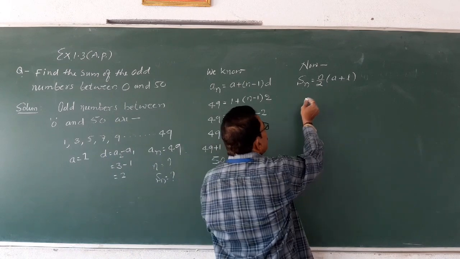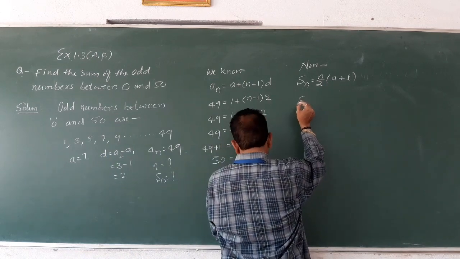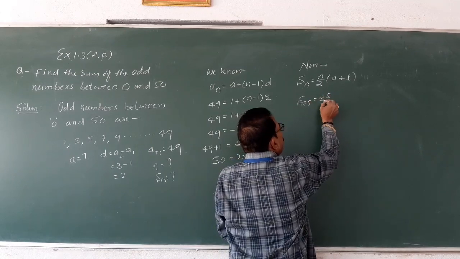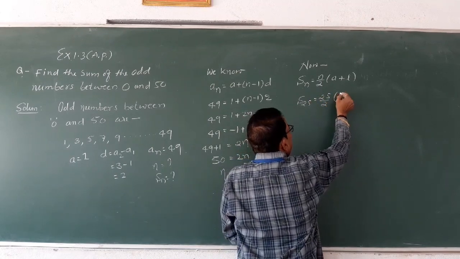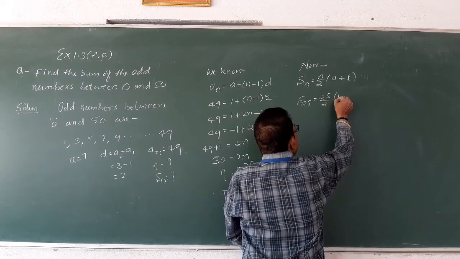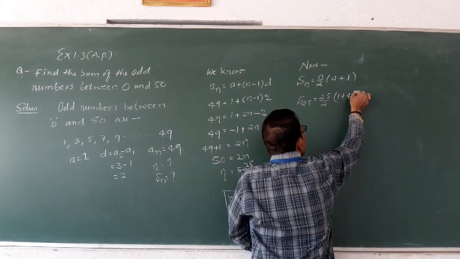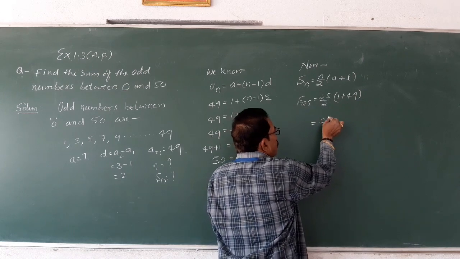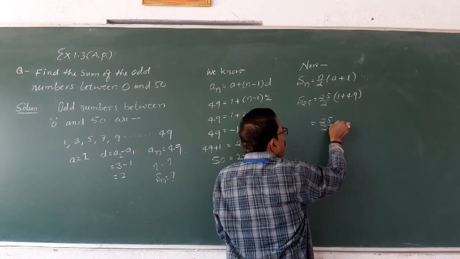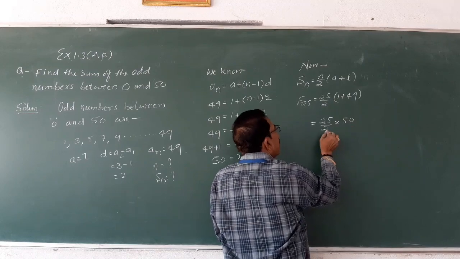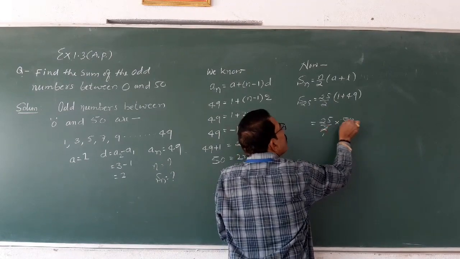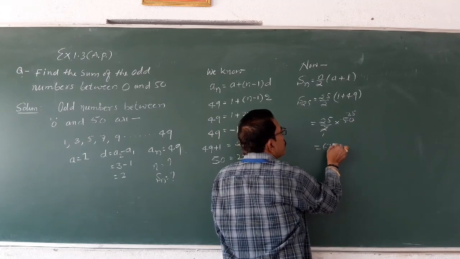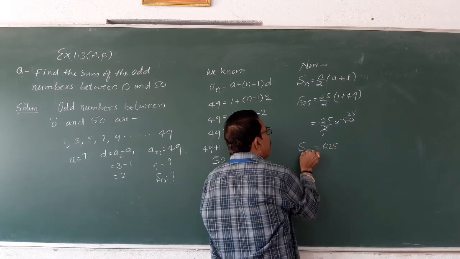So S25 equals 25 by 2 in the bracket a, that is 1, plus the last term 49. So 25 by 2 into 50. 2 ones are 2, 25 twenty-fives are 625. That is S25 equals 625.